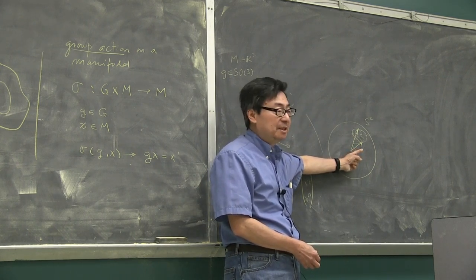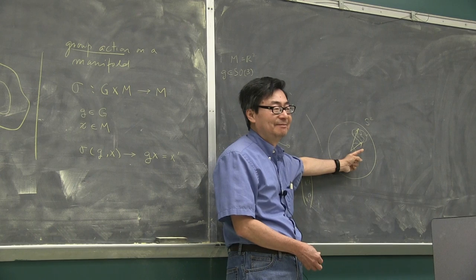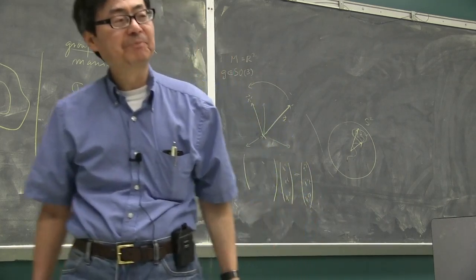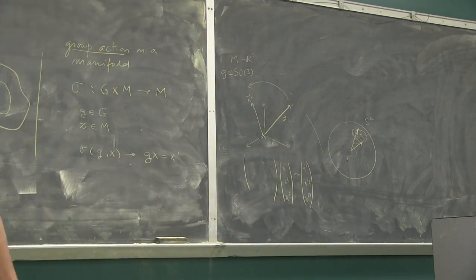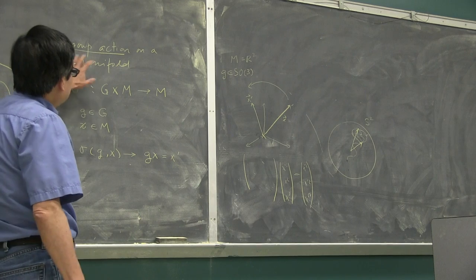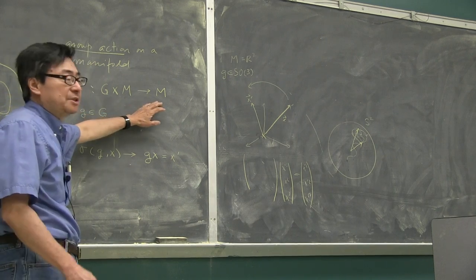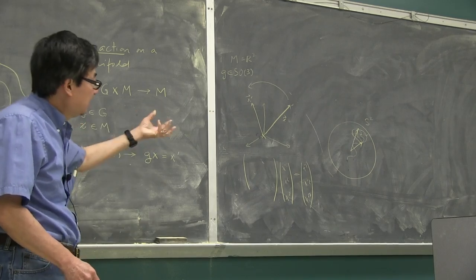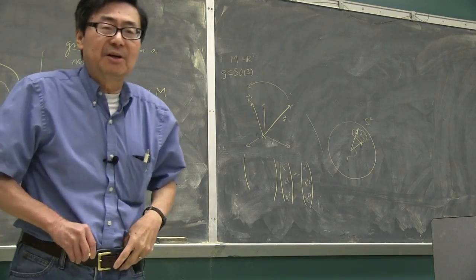You can always think of it as being connected by some rotation, right? And so therefore, there's another group action on the manifold S2, which turns out to be a different group action from the same group SO3 acting on R3.